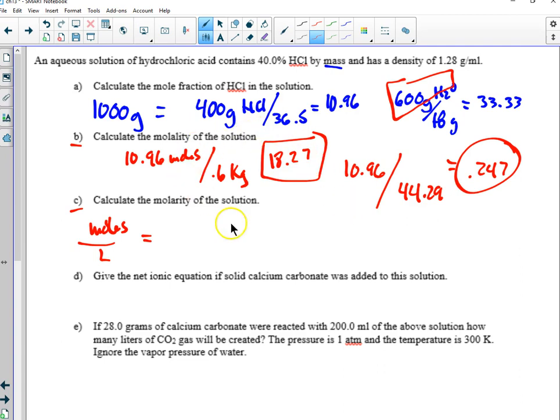So if I have 1,000 grams of it, actually, sorry, I'm going to take 1,000 milliliters of it. I hadn't even written the grams. If I take 1,000 milliliters of it, I want that because that's a liter. Worst arrow of my life.